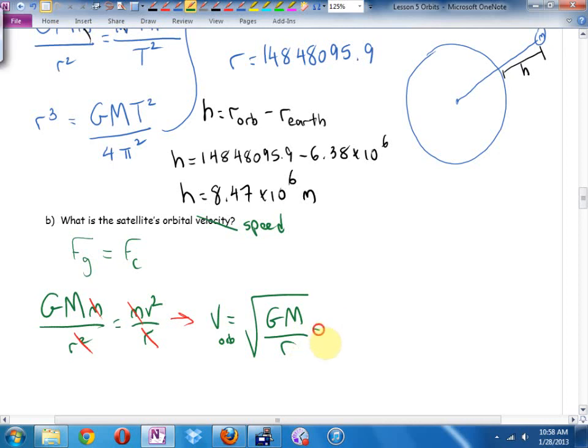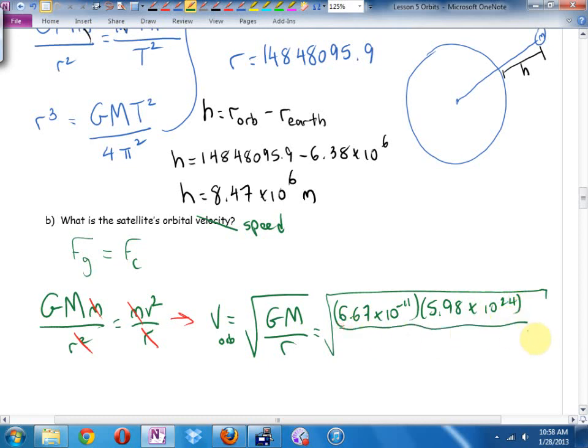It's going to be the square root of 6.67 times 10 to the negative 11, 5.98 times 10 to the 24th, 148,480,959.